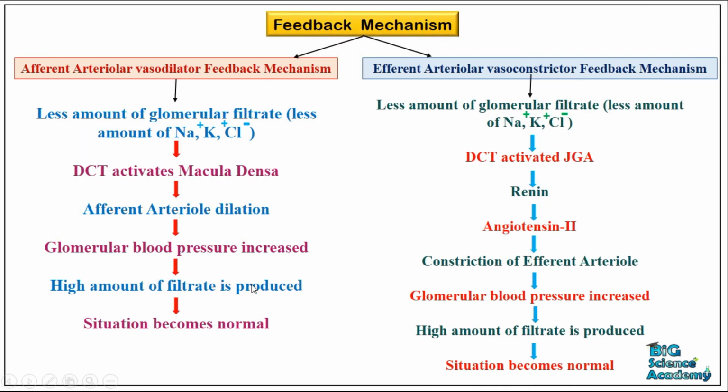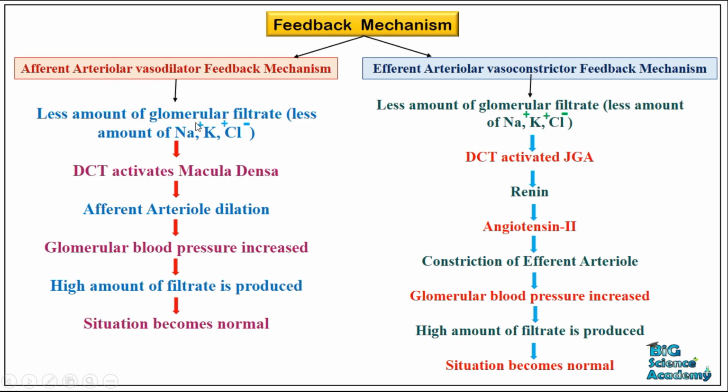Now we will discuss the feedback mechanism. The juxtaglomerular apparatus plays an important role in helping to control nephron function by providing feedback signals to both afferent and efferent arterioles. First we will discuss the afferent arteriolar vasodilator feedback mechanism.